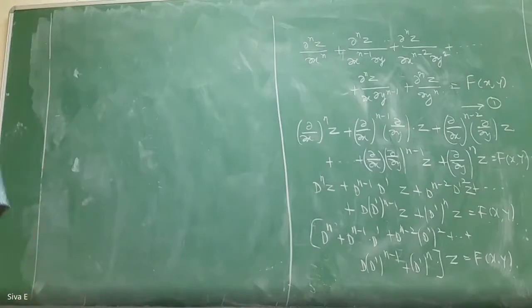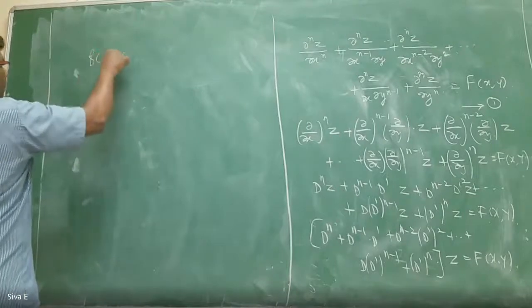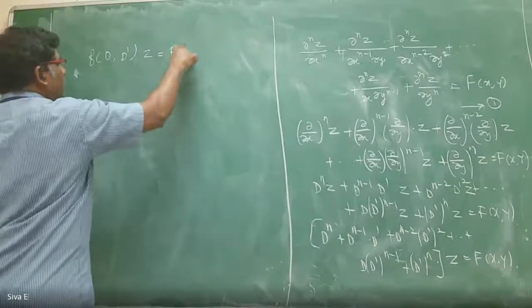Actually, three variables are there. z, x and y are the three variables, where x and y are the independent variables. z is the dependent variable on x and y. Now, how to write that? It is a function of D comma D dash z equal to f of x comma y.